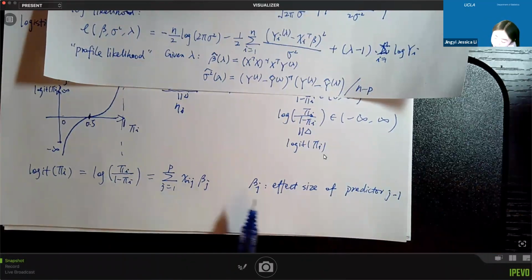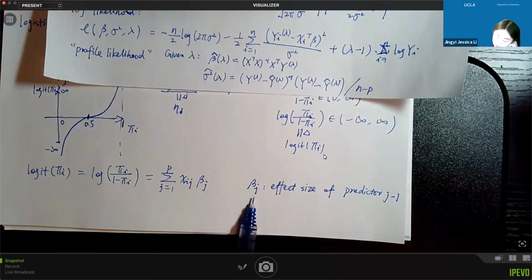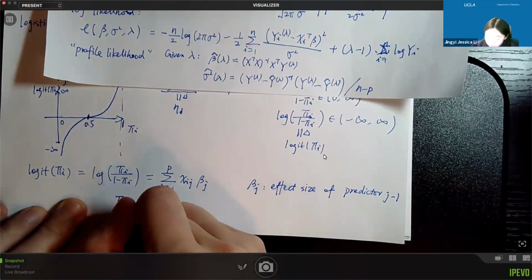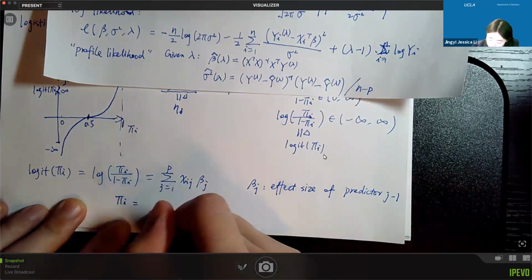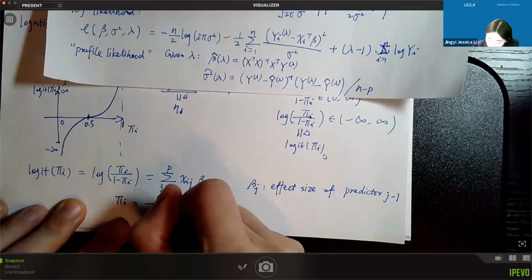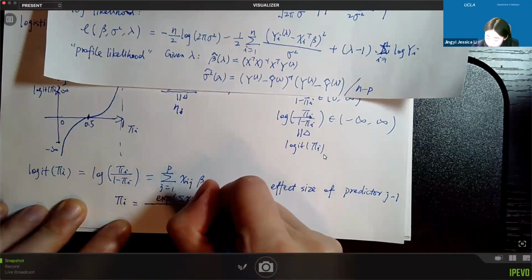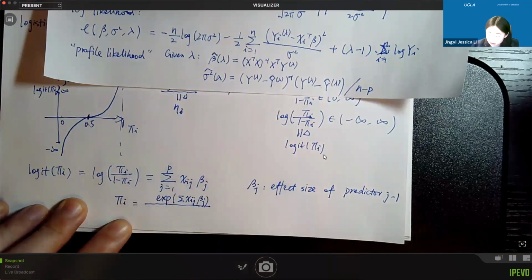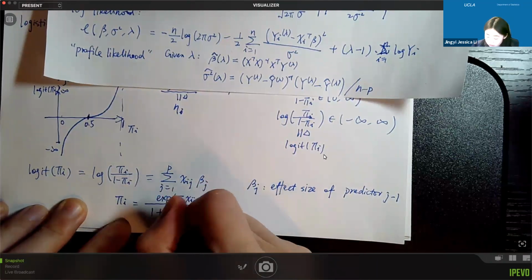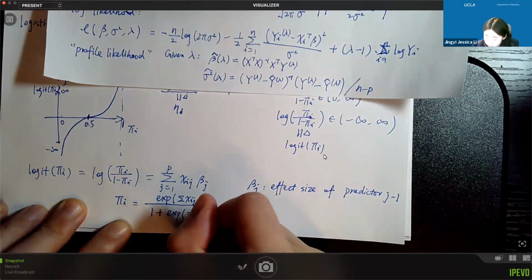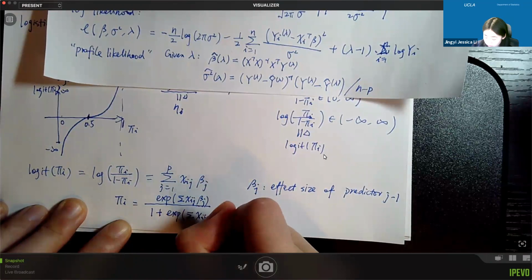So then how do I evaluate or understand this effect on my response? If you think about it, you actually have this relationship: pi i can be written as exponential of x ij beta j divided by 1 plus exponential of x ij beta j.